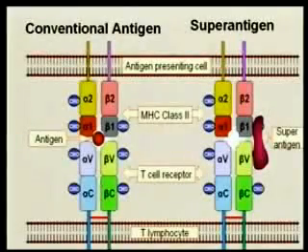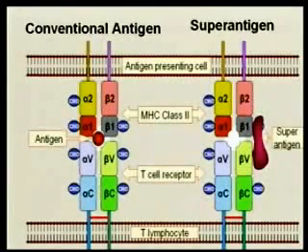So shown here is a conventional process or presentation. You have the antigen association with the class 1 and class 2, the class 2 shown here. And it has to be recognized by the T cell receptor, the variable portion of the T cell receptor. However, if you look at the superantigen, there's no requirement there.